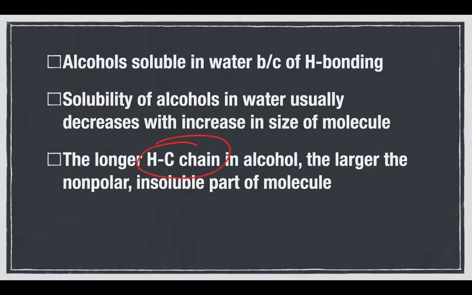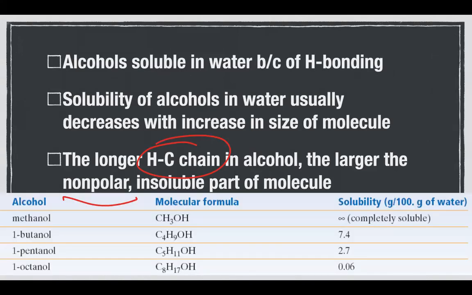Okay, the hydrocarbon chain is non-polar, so the bigger that hydrocarbon chain is, the less soluble it is. So here you've got methanol, which has only one carbon, completely soluble. If you go up to octanol, solubility is only 0.06 grams per 100 grams of water. So the more carbon-hydrogen bonds you have, the less soluble it is.